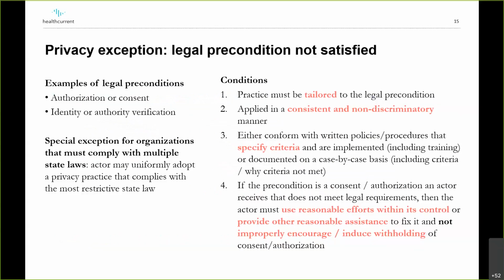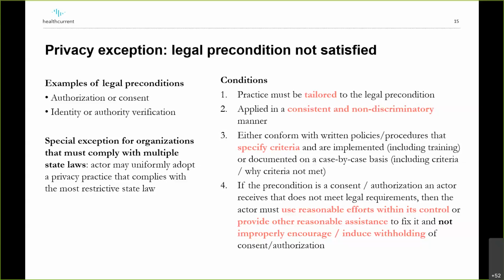I would just say for the audience, one thing to note, and you see these are the 4 conditions for that one privacy exception that Mel alluded to, the legal precondition not satisfied. But I think the bolded words are ones to be thinking about as you're thinking about applying any of these safe harbors, things like tailored and consistent and non-discriminatory, specific, reasonable.